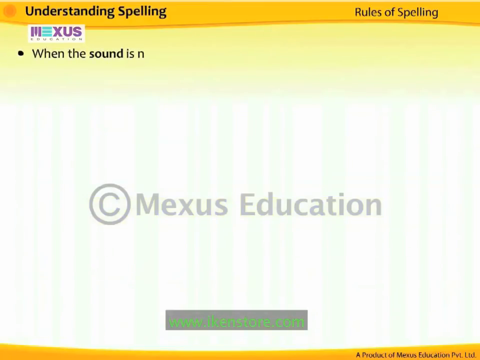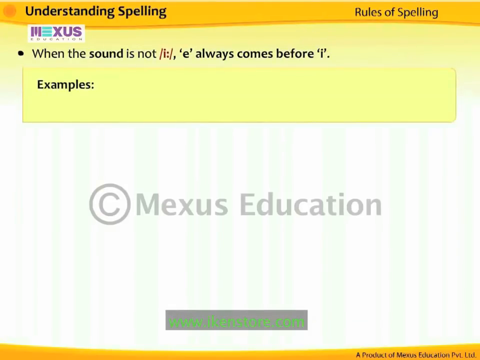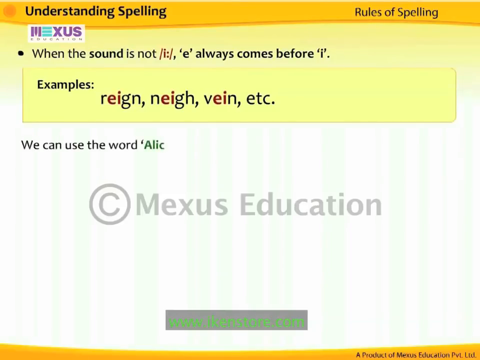When the sound is not a long E, E always comes before I. For example, REIGN, rain, NEIGH, nay, VEIN, vain, etc. We can use the word Alice to remember these rules.